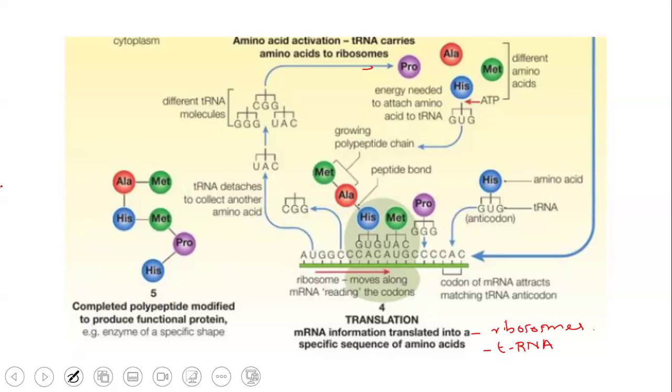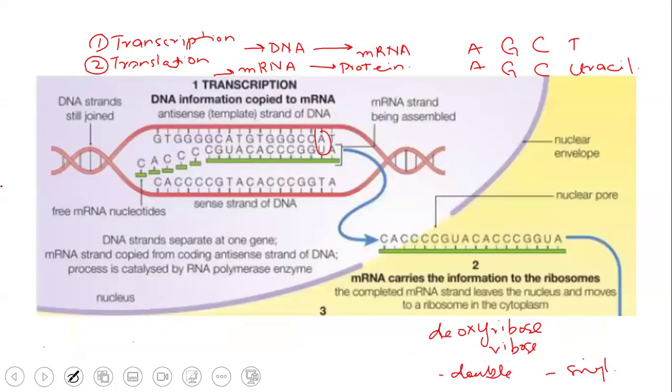Now, on my RNA, I have something known as the triplet code. What is the triplet code? If I take 3 nitrogenous bases, CAC, and look at them together, those 3 nitrogenous bases are one triplet code.